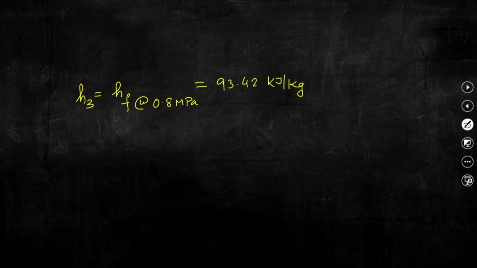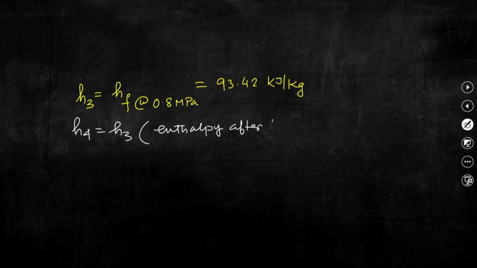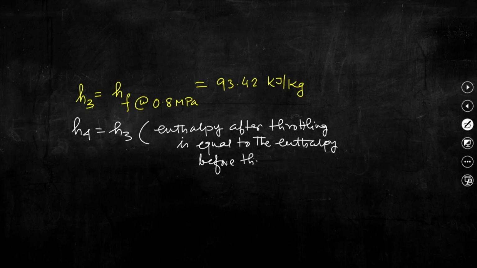kilojoule per kg. And as I said, H4 should be equal to H3, that is, the enthalpy after throttling is equal to the enthalpy before throttling, and this process 3 to 4 occurs in a throttle valve.